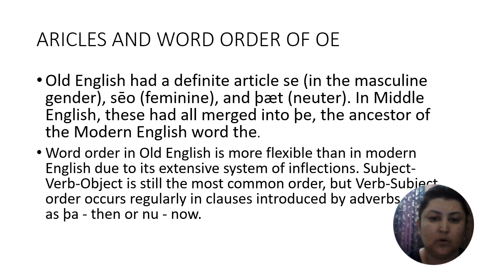Word order in Old English is more flexible than in Modern English due to its extensive system of inflections. Subject-verb-object is still the most common order, but verb-subject order occurs regularly in clauses introduced by adverbs such as þa, then, or nu, now.